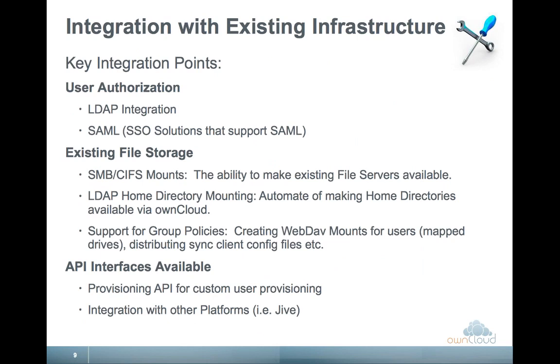We can tie directly into that and allow you to define, right down to the group, who has access to ownCloud. If you want to give certain members of your organization access and others not, you can certainly manage it that way.